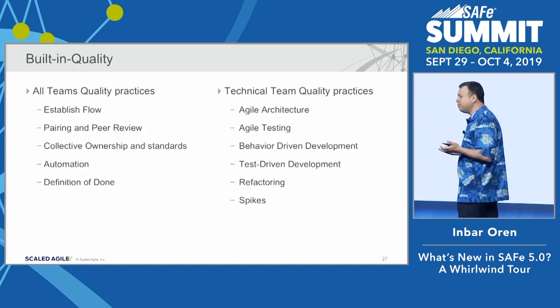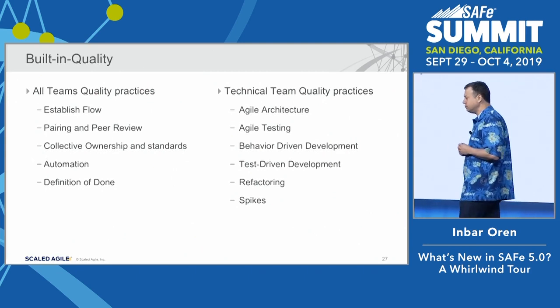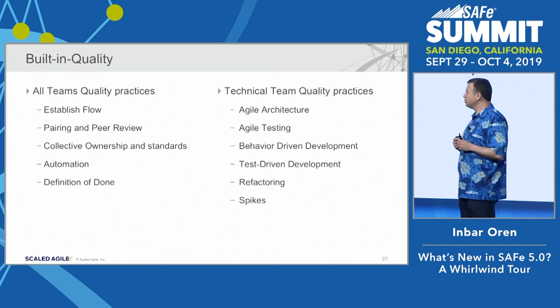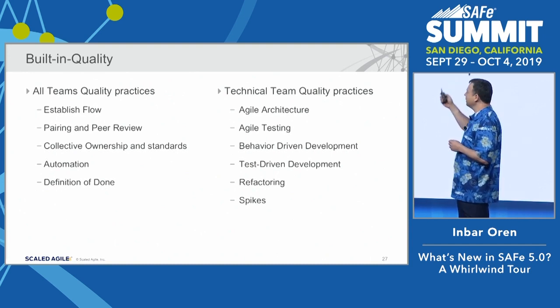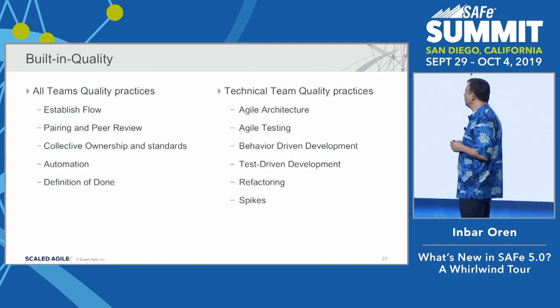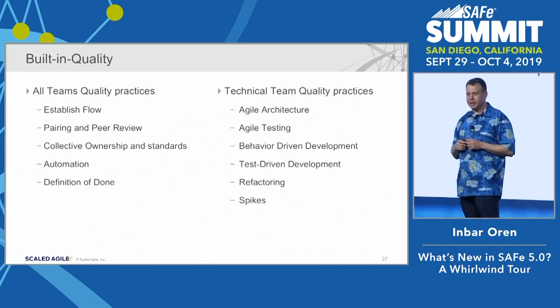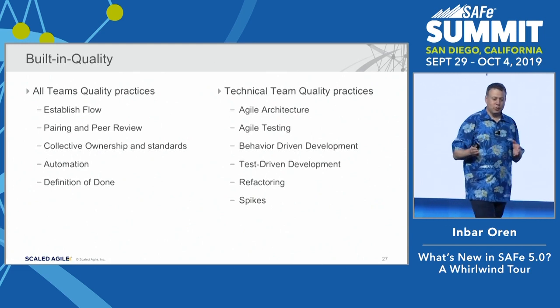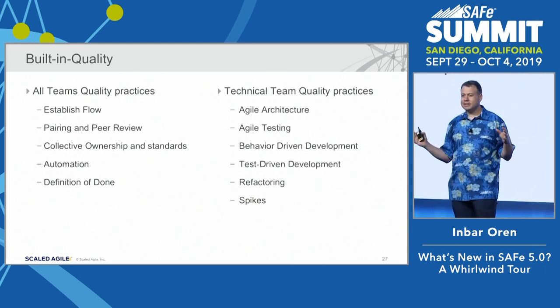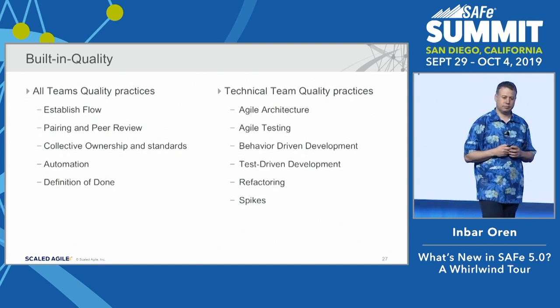We also have to rethink built-in quality. There are some general principles that apply to every team. Should marketing teams have pairing and peer reviews? Yes. Should marketing teams think about automation? Yes. So if you go and read the Team and Technical Agility article, it will describe the quality practices that all teams share.